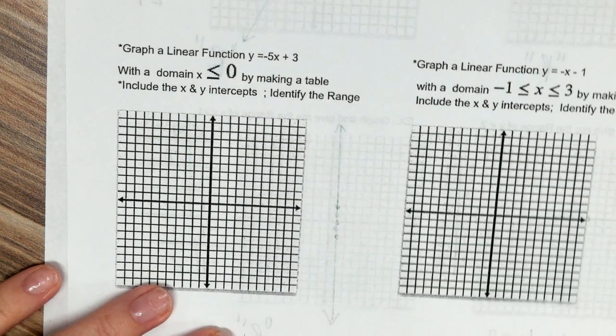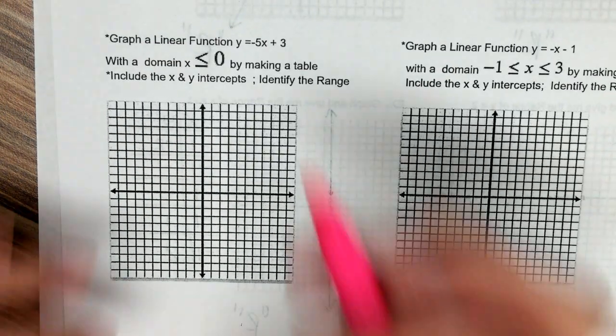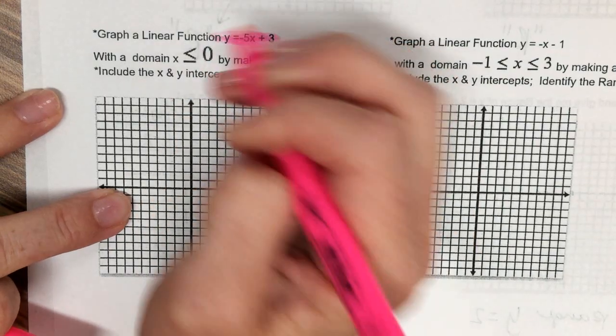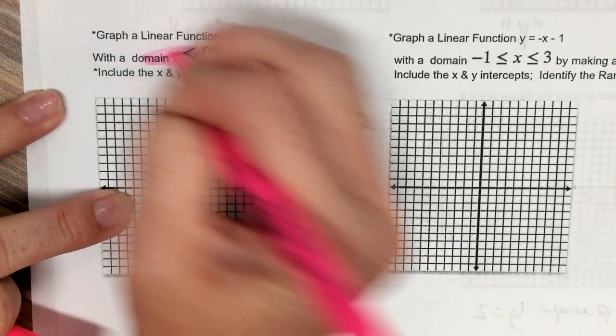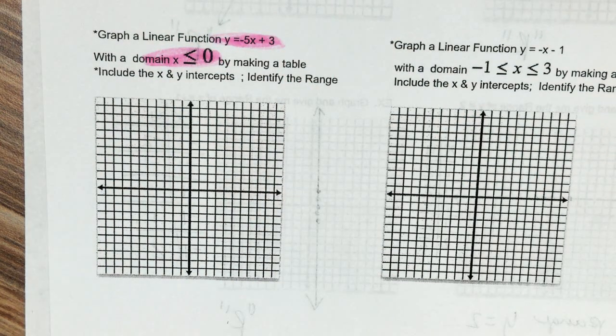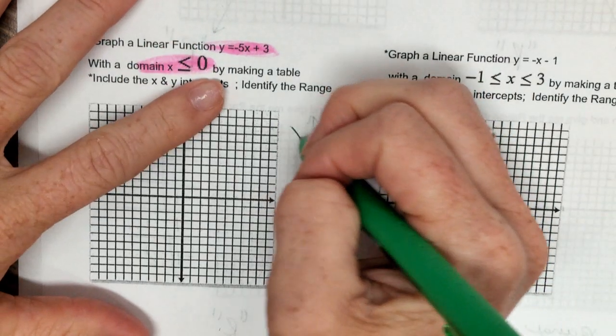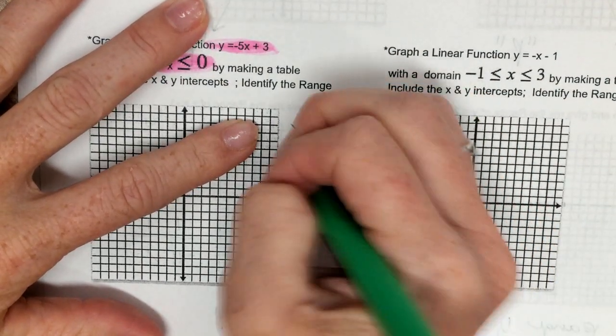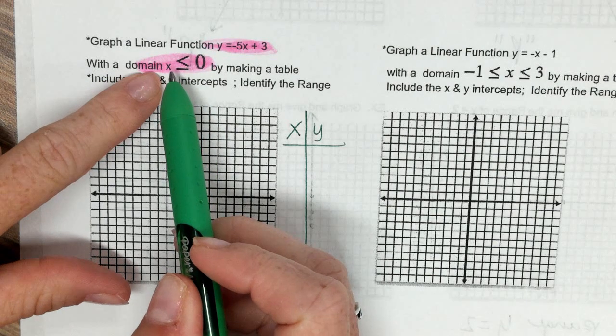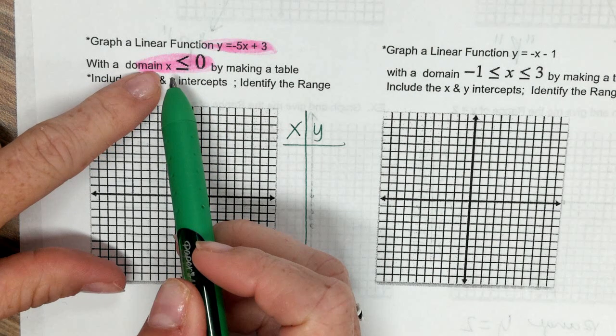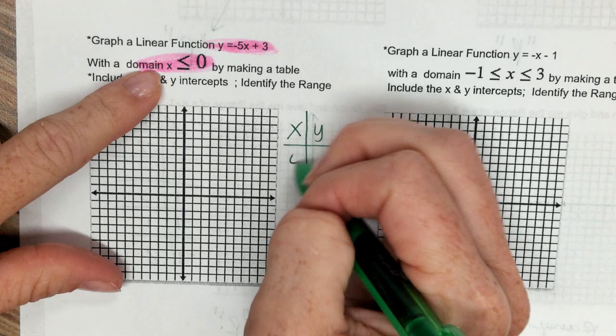Okay, let's do this one. Here is my function. And then they gave me a very specific domain. So when I make my table, what do I have to start with for my x's? I have to start with 0.